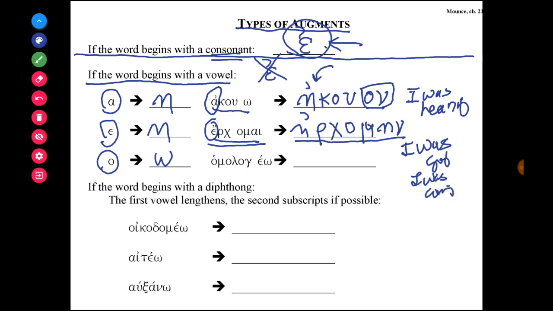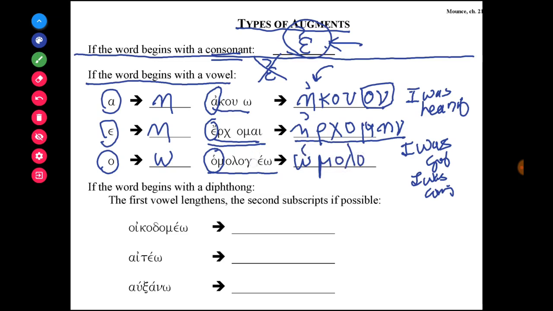And homologeo, which means I confess, homologo, this is a word that's not in your vocabulary, but I'm just simply using this here as an example. And if I were to augment this, I would make this an omega, homologo.